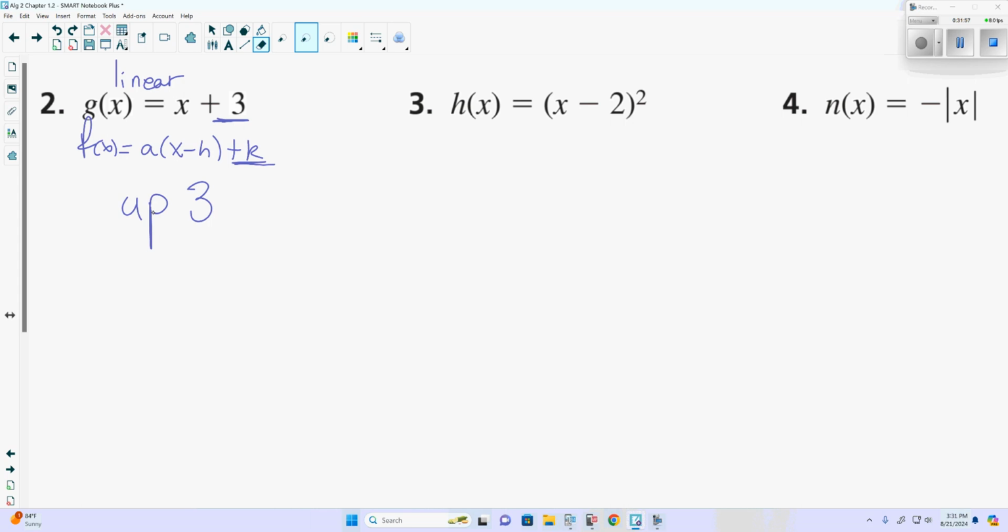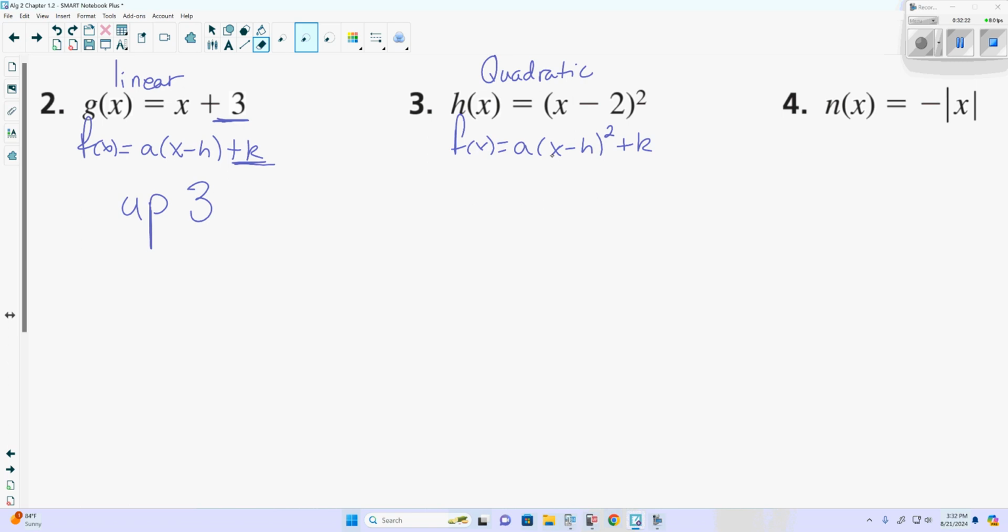The next one, h of x equals, it's quadratic because of our power of 2. Now I'm going to go on and write this out. So, do we have a k value?